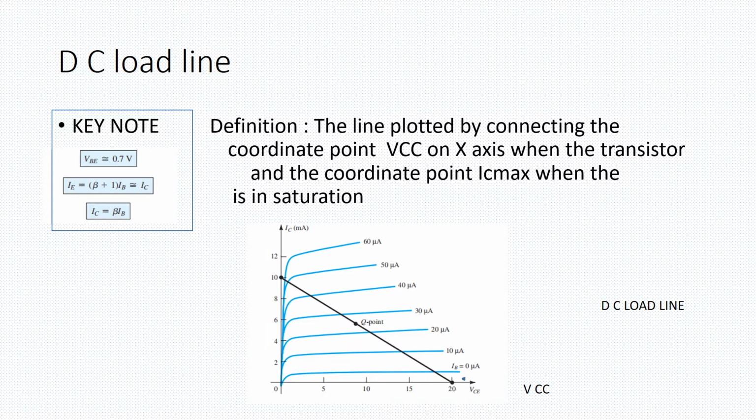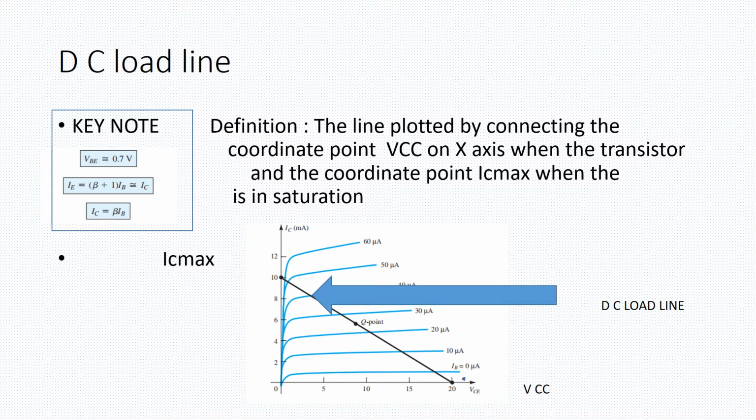In this particular characteristic graph, the maximum saturation current that can be driven by the device, that is a common emitter configuration, is 10 milliamperes, and the maximum output voltage that can be drawn in the saturation region is 20 volts. So you join these two coordinates, you will get a load line.